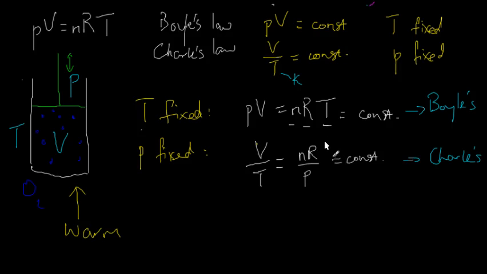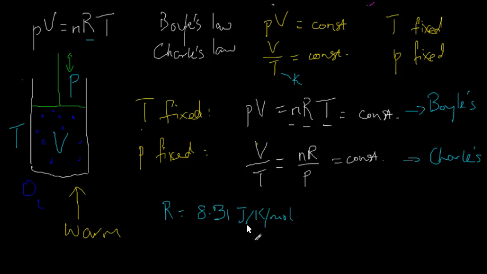But for the ideal gas law, the constant in the ideal gas law is just the R. It's just R, and we already know what R is. R is 8.31 joules per kelvin per mole. So it's a fixed number.